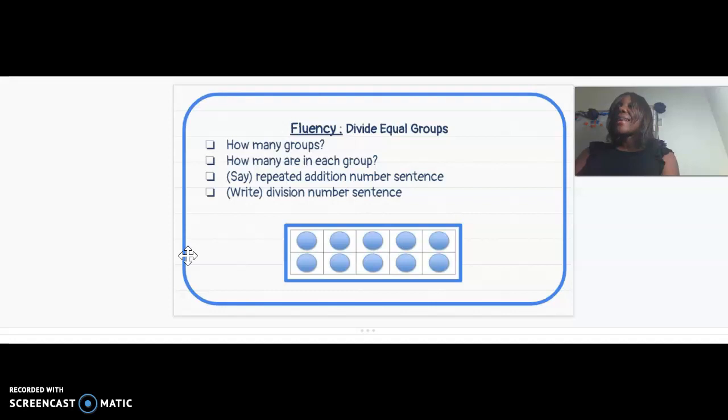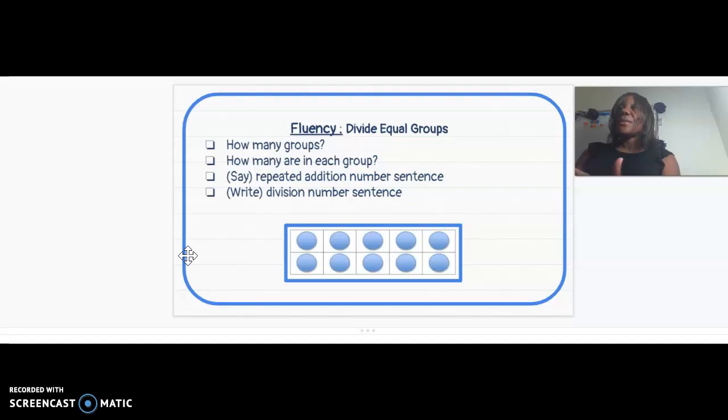Did you draw 6 rows with 2 in each column? Right. There are 2 in each group. Now write the repeated addition for your array. Right.